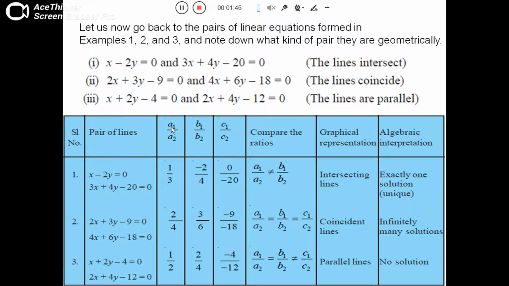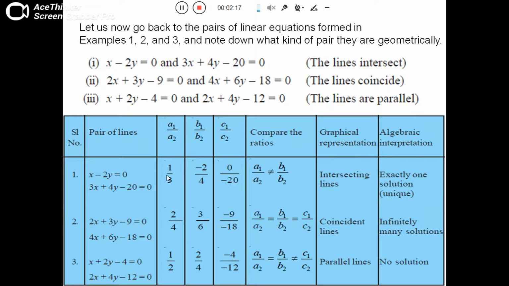In this we have to find out the value of a1 upon a2, where a1 is the coefficient of x in the first equation and a2 is the coefficient of x in the second equation. So a1 upon a2 is 1 upon 3. Similarly, b1 upon b2: b1 is the coefficient of y from the first equation, b2 is the coefficient of y from the second equation. So you got minus 2 upon 4, which is minus 1 upon 2, and c1 upon c2 is 0 upon minus 20.